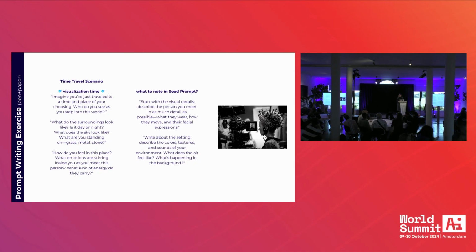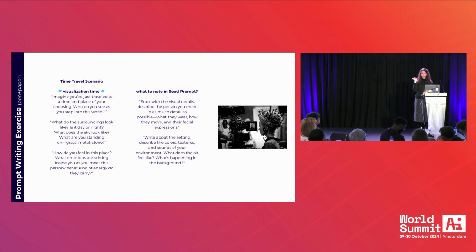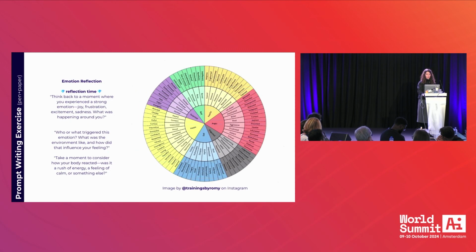What to do with the seed prompt is that you create digital visual details, and when you go to different places and when you're observing and you're creating your visual prompts, you can collaborate with AI to write in detail about these things. And so the second thing that we would like to do together is that, using this, did you know that there were this many emotions?